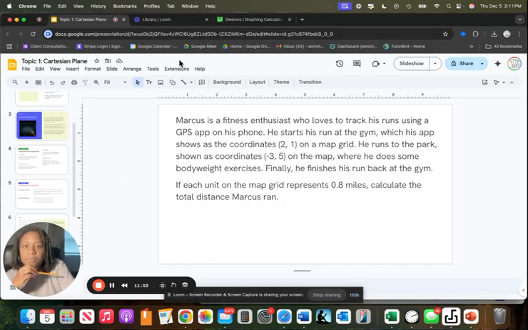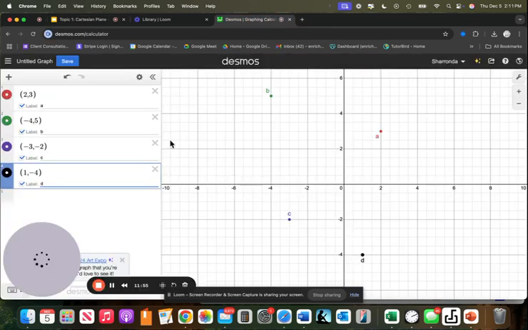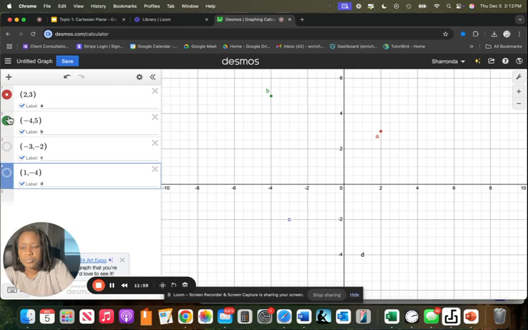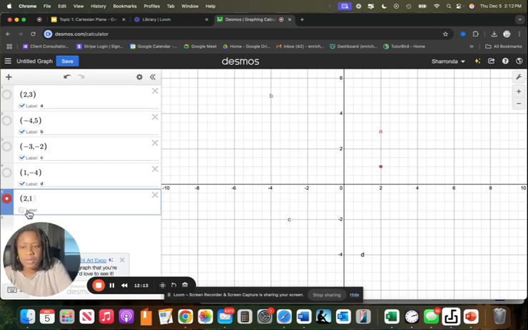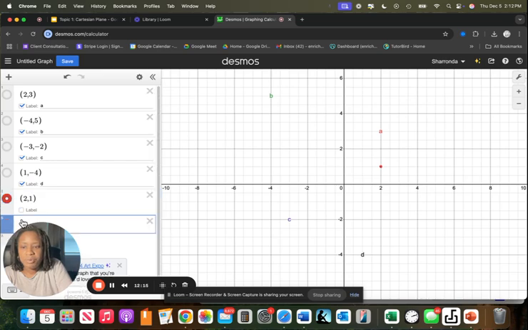Now, if we were going to graph this, what it would look like. Let's look at these 2 points. We have 2 and 1, and then we have our next point of -3 and 5.